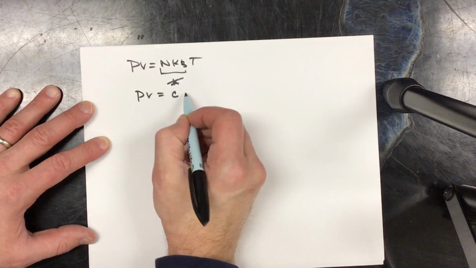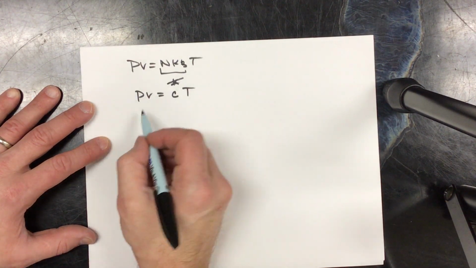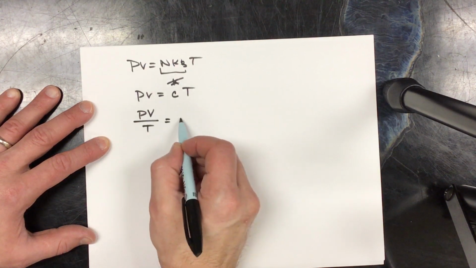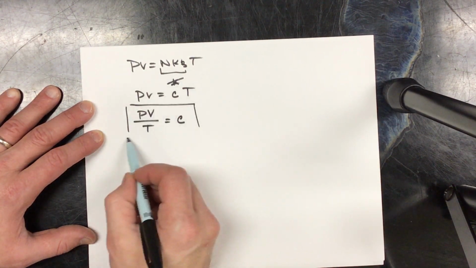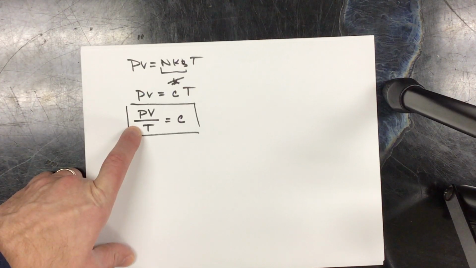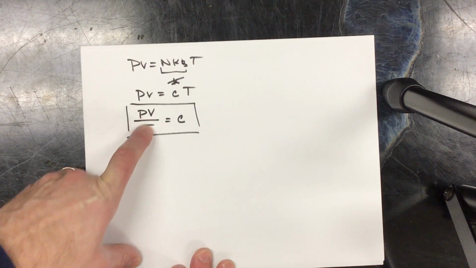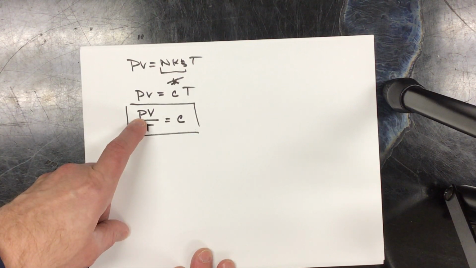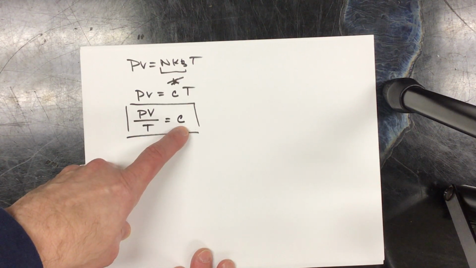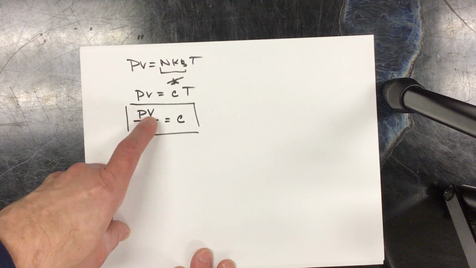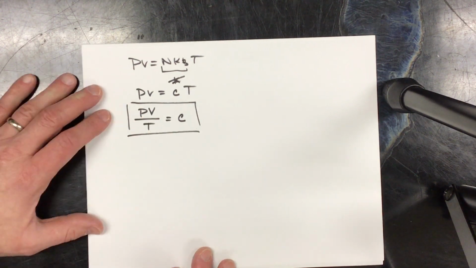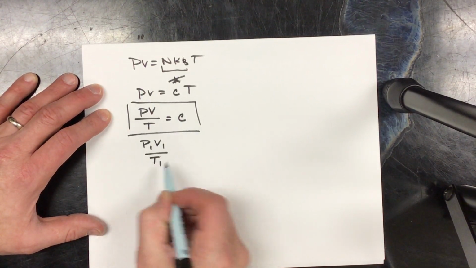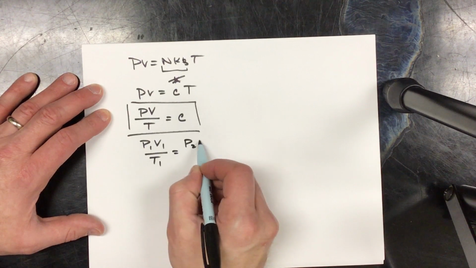So PV is equal to C times T. That tells you that the ratio of the product pressure, volume to temperature will always be a constant. In other words, at one set of conditions or state, that quotient will have a constant value. At another set of conditions, we have to have the same constant of proportionality, and so the quotient will be the same. What that means is that at one instance, P1V1 over T1 has to equal P2V2 over T2.